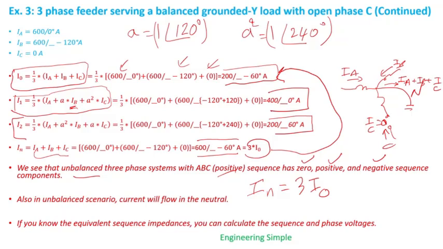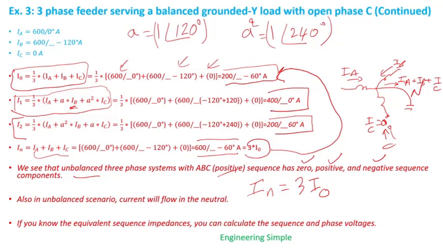Also, in an unbalanced scenario, current will flow in the neutral if it's grounded. And if you know the equivalent sequence impedances, you can calculate the sequence and phase voltages. So as you can see, these examples show how you can use symmetrical components to calculate the sequence currents.